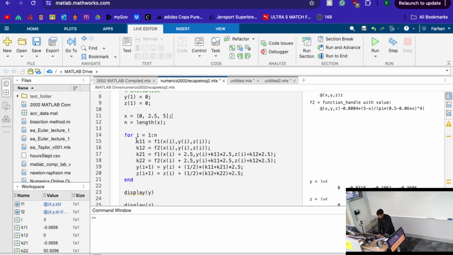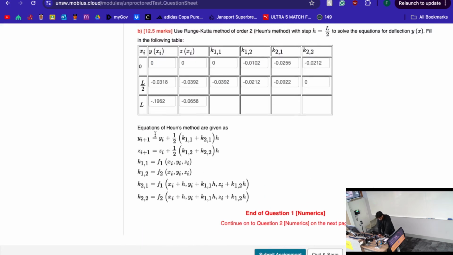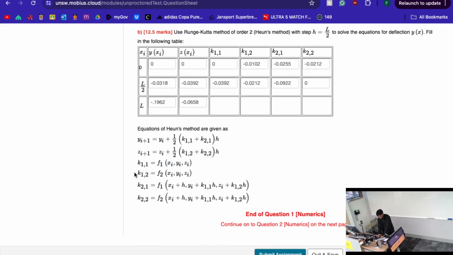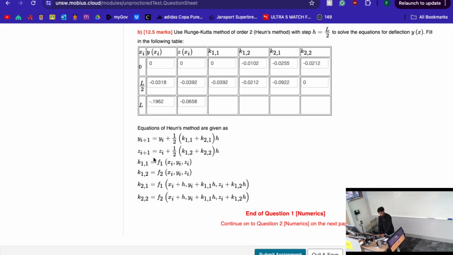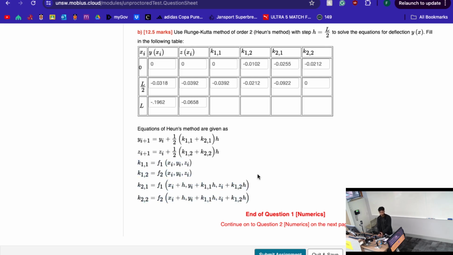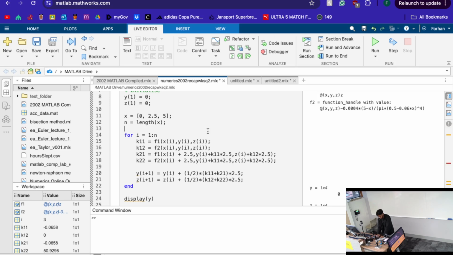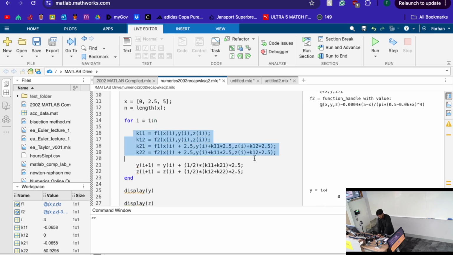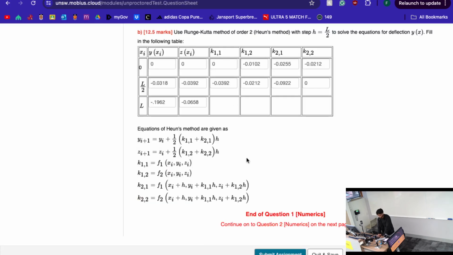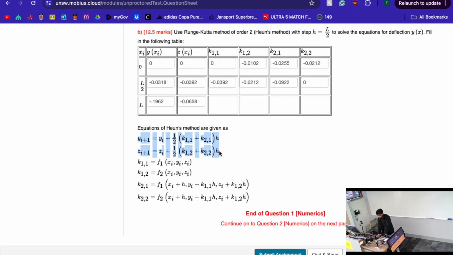Now to write our Runge-Kutta equations. If I scroll down, this is K11, K12, K21, and K22. You can just copy these equations word for word, and type them out into here. That's literally all it is. So these are all the K1s, and these two are using our Runge-Kutta equation for the Y and Z equations up here. Is that cool?